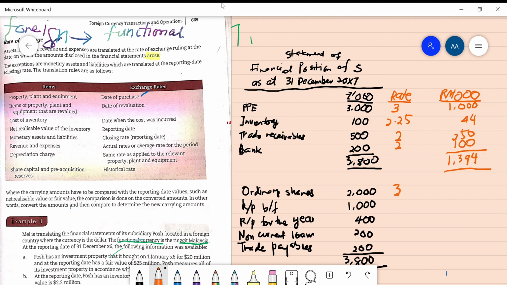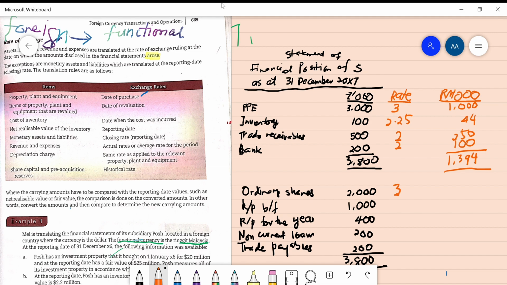From the information it is bought on 1st January X4 by S. However, bringing into control, effectively H bought S on 1st January X7.